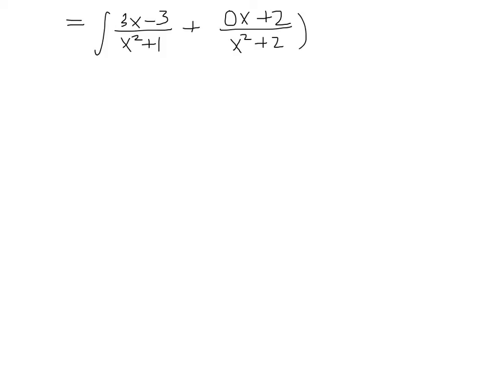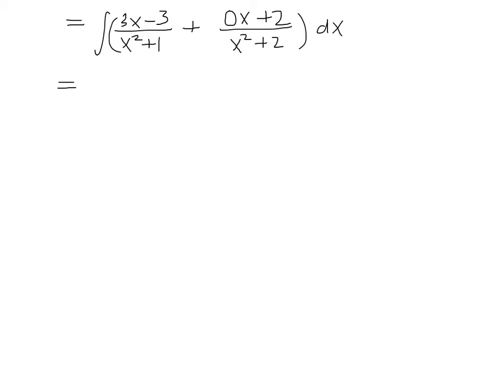Now that we've found the values of a, b, c, and d, our original integral is equal to the integral of 3x minus 3 over x squared plus 1 plus 0x plus 2 over x squared plus 2. And there's no trick here, 0x really is just 0.